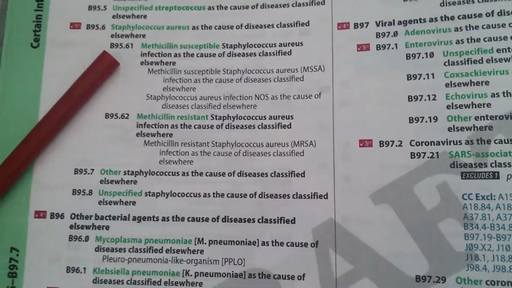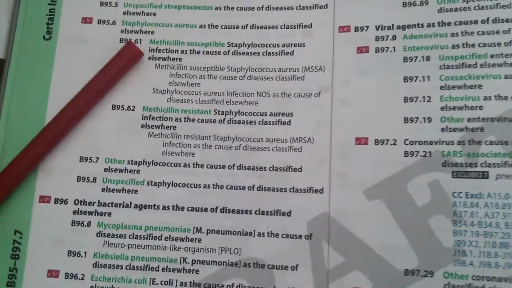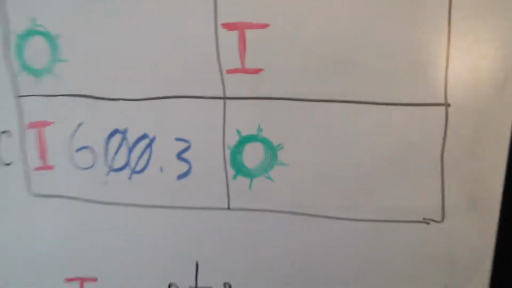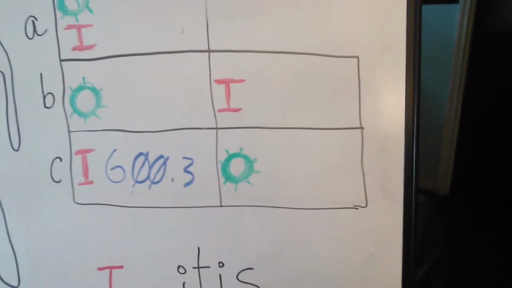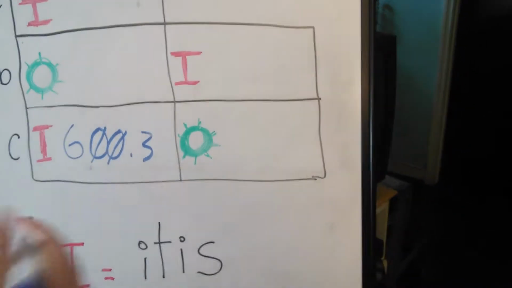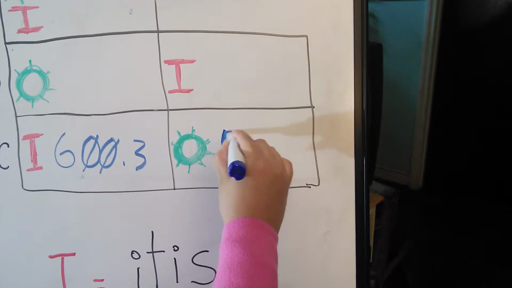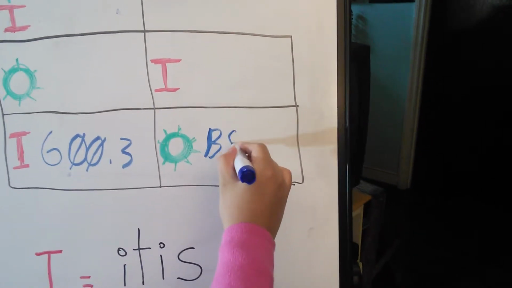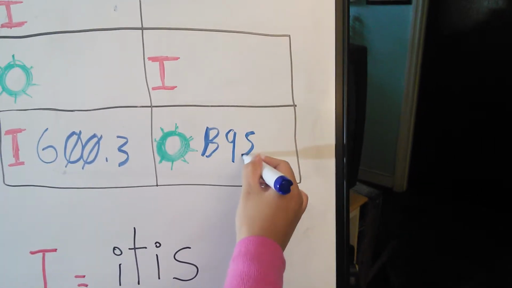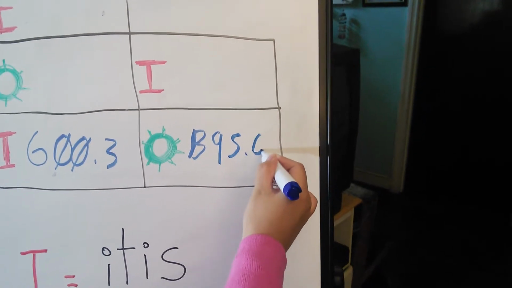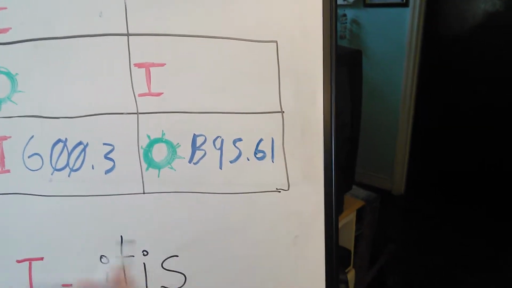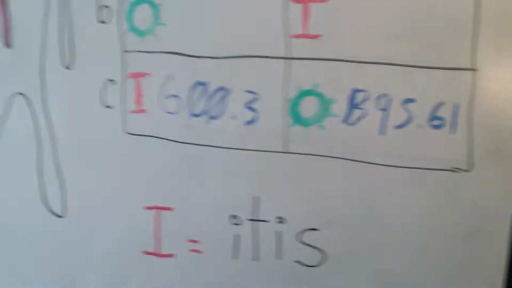It's B95.61, which is the one that we were looking for, and then we put there as the code for the virus. B95.61. That is the code for a virus.